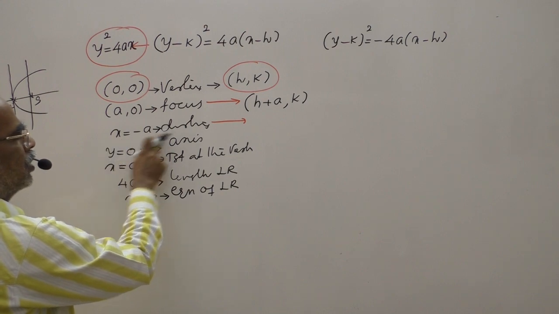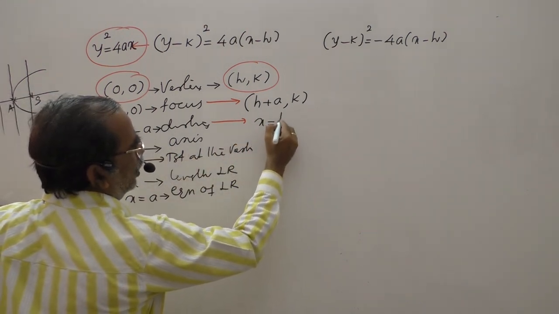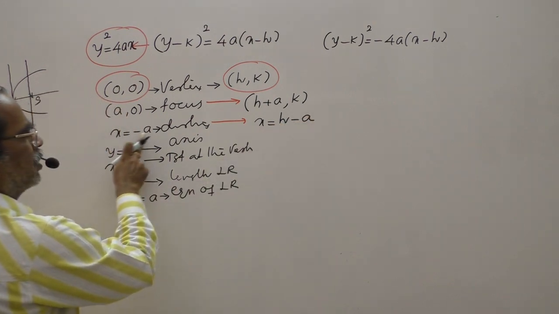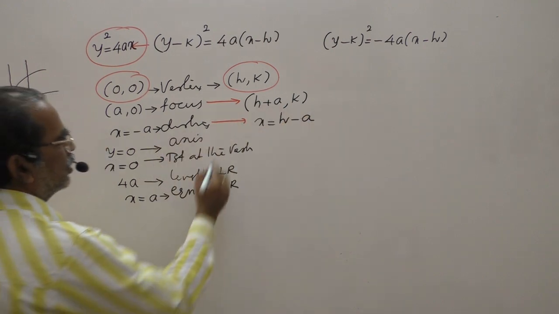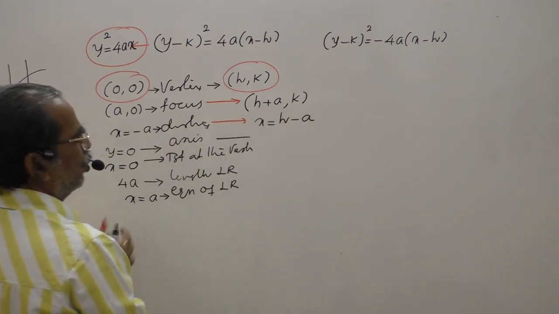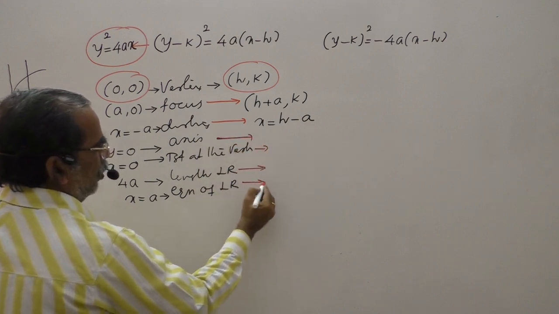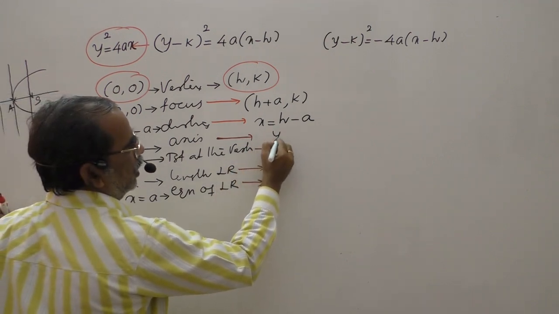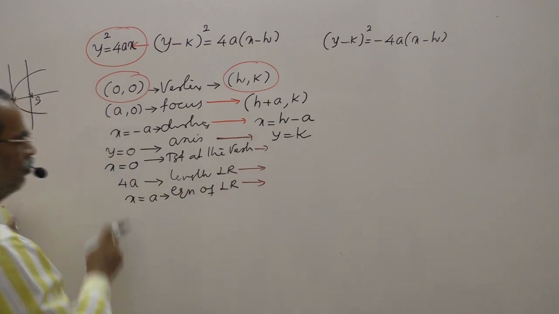So what is the directrix? X equal to minus a. You should increase x related terms by h. This is x equal to minus a, and this is x equal to h minus a. And what about its axis? Its axis is y equal to 0. Y related terms you increase by k: y equal to k.